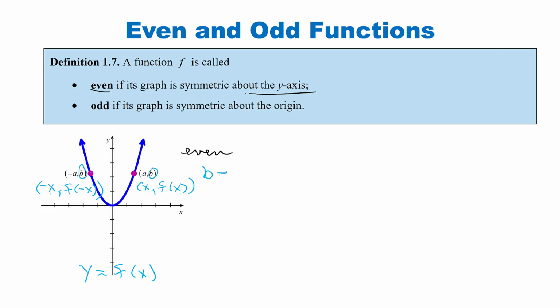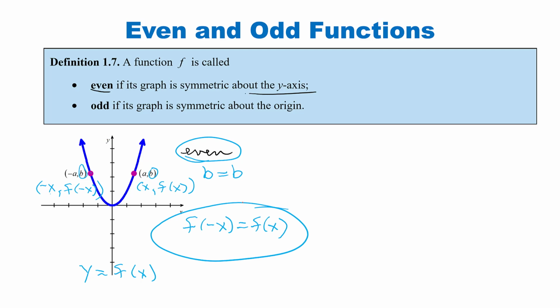And if B equals B, that tells me that for an even function, it has to be true that f of negative x is equal to f of x. Okay, so that's going to be our test. To determine if a function is even, we want to test whether f of negative x is equal to f of x. And if that is the case, then my function is even.